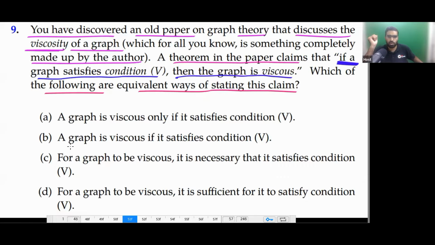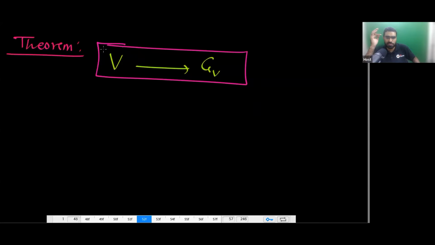The question is saying that the theorem is given to you. This theorem says that if a graph satisfies condition V, then the graph is viscous. It means if this condition V is satisfied, then the graph is viscous. This is some condition, I don't know what this condition is. Then this graph is viscous.